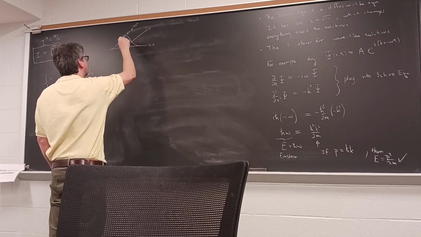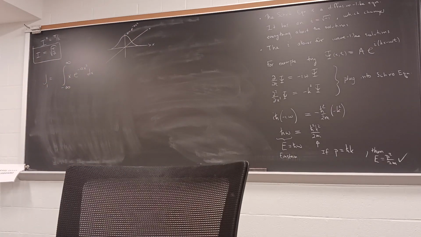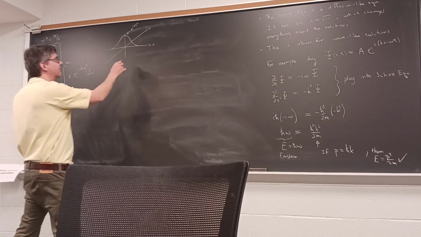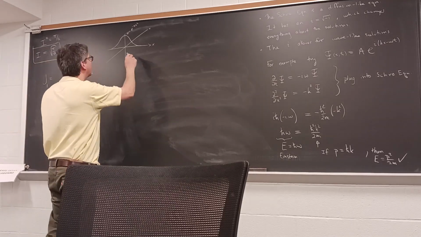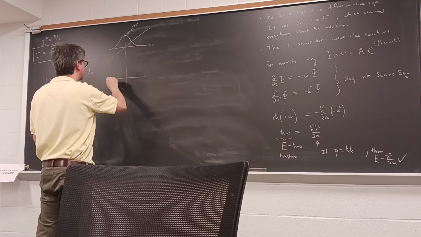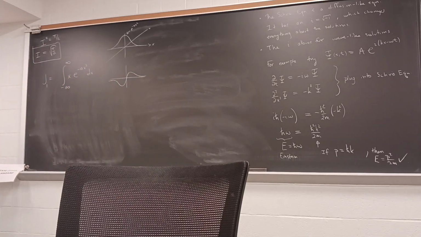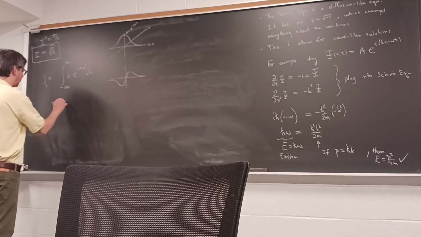So this is an even function times an odd function, so you get an odd function. It looks something like that, it flips. So you can just immediately say that's 0.